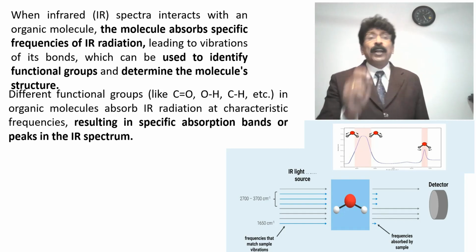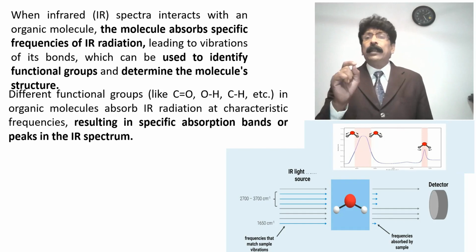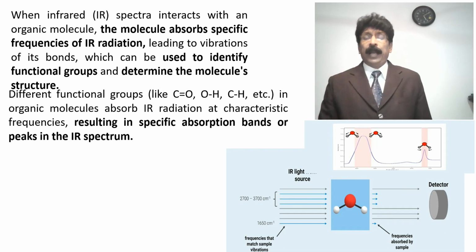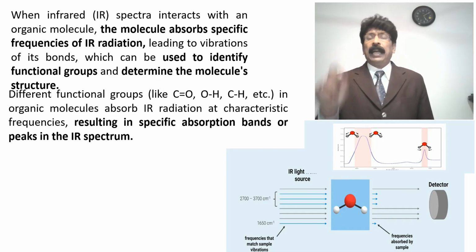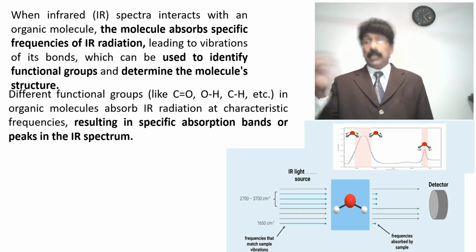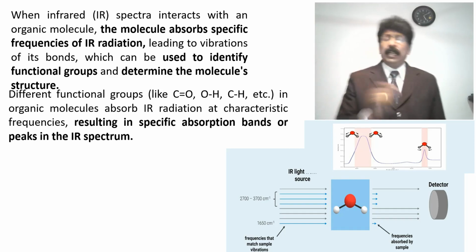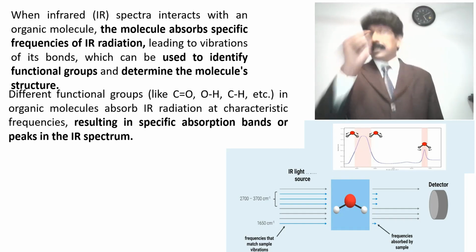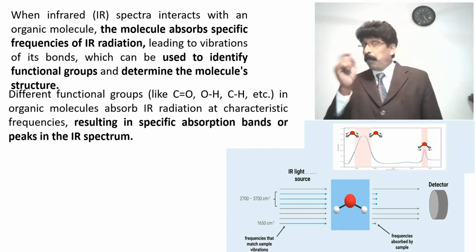Different functional groups like carbon double bond oxygen, the carbonyl group, the OH hydroxyl group, oxygen bonded with hydrogen, carbon with hydrogen, CH, C double bond O, and C double bond C are all bonded according to the structure and the bond attachment.